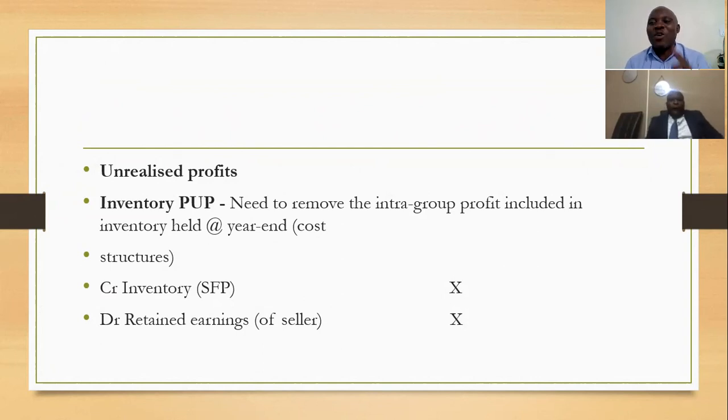So profit can only be recognized if those goods have been finally sold to the outside world. The outside world, in this case, we mean any firm that has bought which is not part of the group.